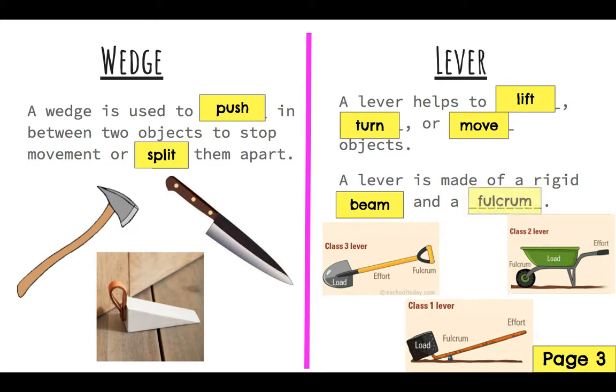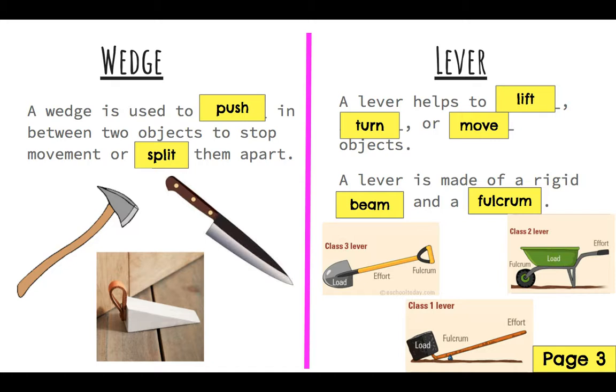And there's also something called a fulcrum. And now the fulcrum doesn't always look the same. As you can look in these pictures, sometimes the fulcrum is a handle. Sometimes the fulcrum is a wheel, like on the wheelbarrow. And sometimes the fulcrum can just be something like a rock.